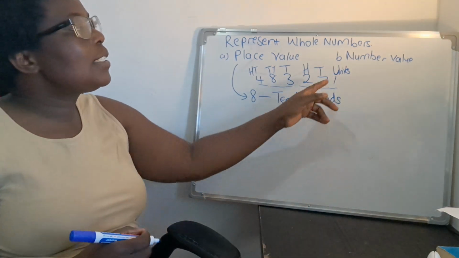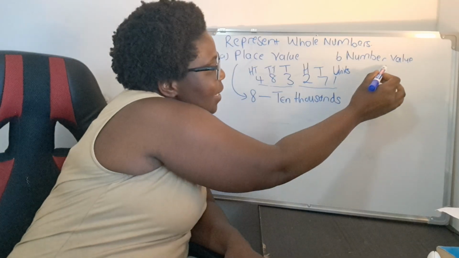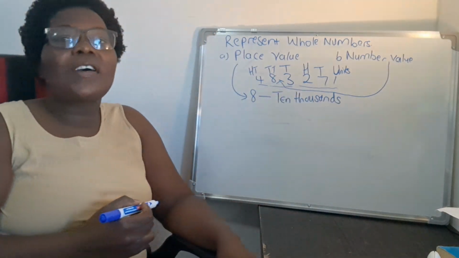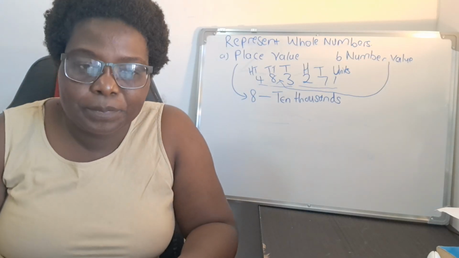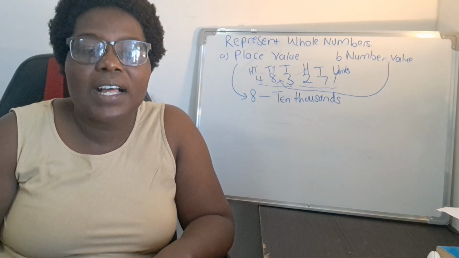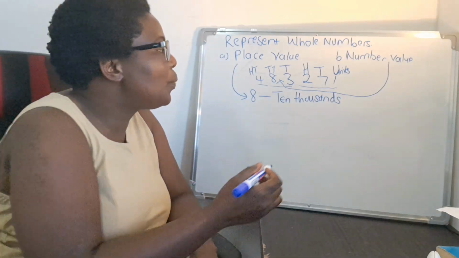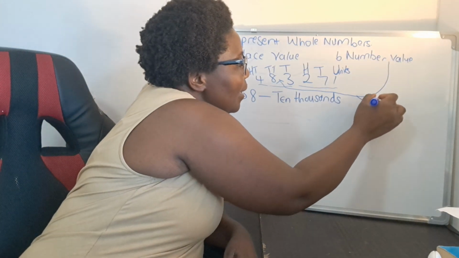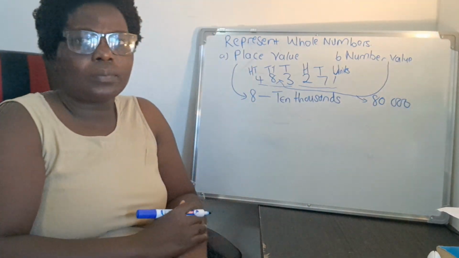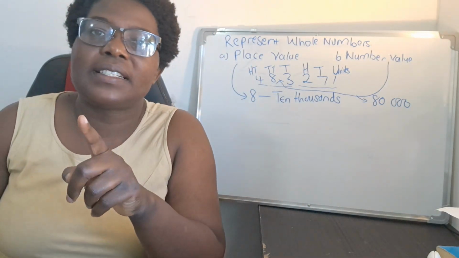Okay, so let's use exactly the same number and we find the number value of 8. Okay, so the number value of 8 will be 80,000. Did you spot the difference?